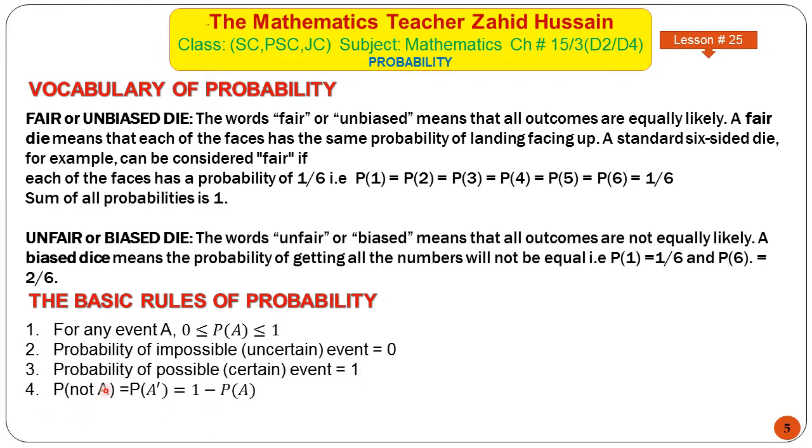And probability of not A, that is probability of an event not happening. If the probability of event A is happening, then the probability of not A, which is represented by A dash, the probability of the event not happening, is equal to 1 minus probability of A. Sum of the probabilities of all possible events is equal to 1.